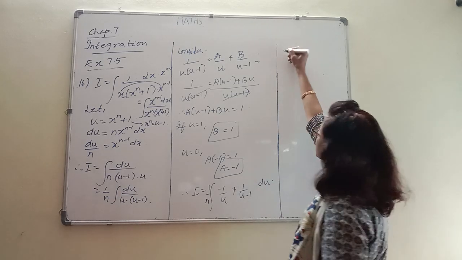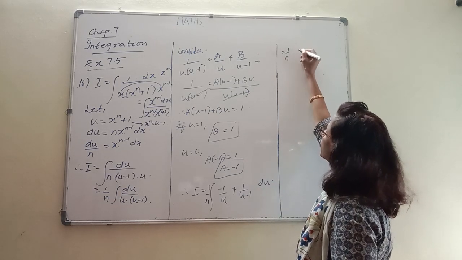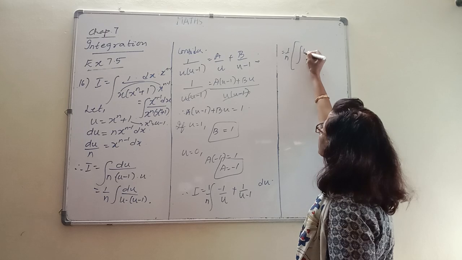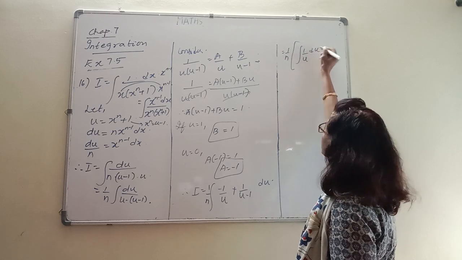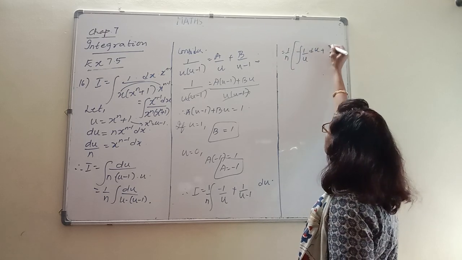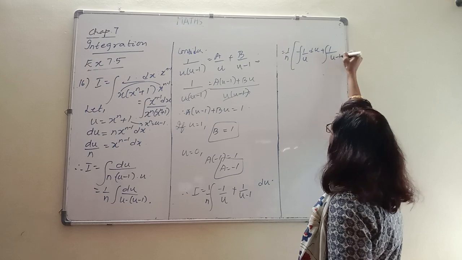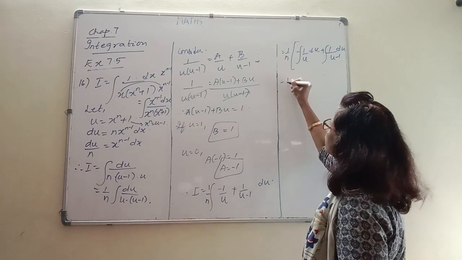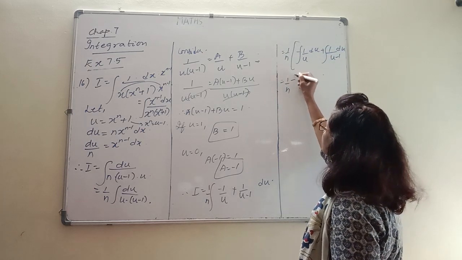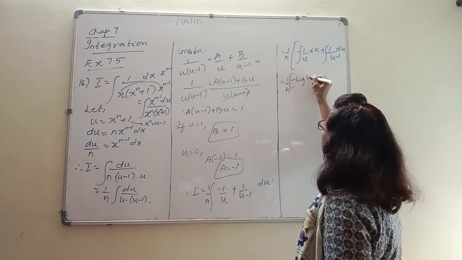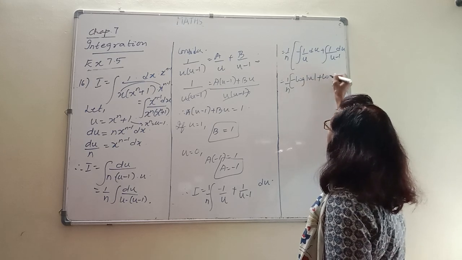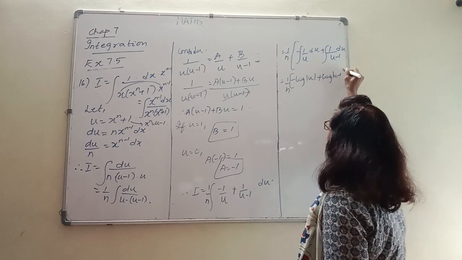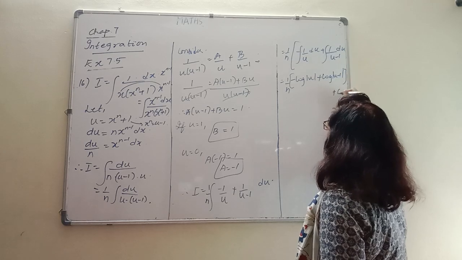That means your integral is going to be 1 over n overall, and negative 1 over u du, and positive 1 over u minus 1 du. That's it. So your integral, that's very easy. Your integral is negative log modulus u plus log modulus u minus 1 plus c.